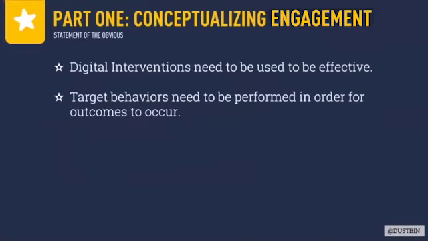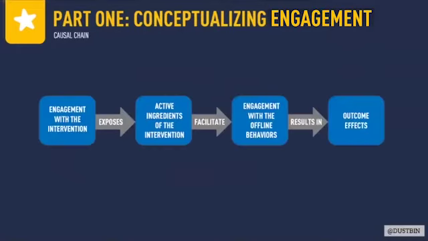And so when we think about why we care about this, why this is important, to state the obvious, digital interventions need to be used to be effective, right? No usage, no outcomes, or no outcomes attributed to the intervention itself in any event. And additionally, those target behaviors need to be performed in the real world in order for those outcomes to occur. And we can see this as a causal chain, right?